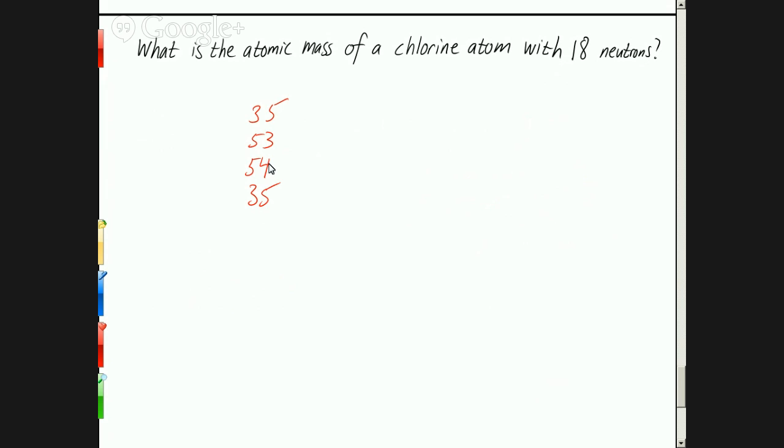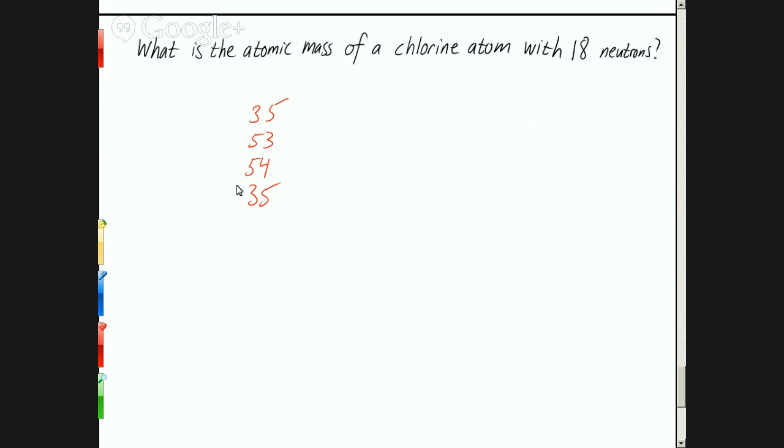I rounded my 35.45 to just 35 plus 18. Okay, and then you get 53 or 54? Yeah, the mass, the protons plus neutrons. Right. So did I.